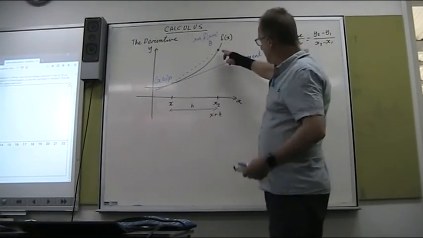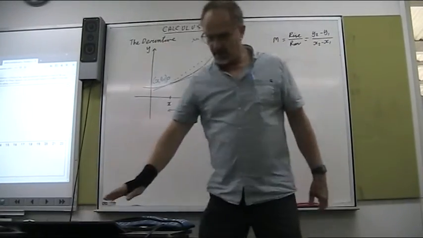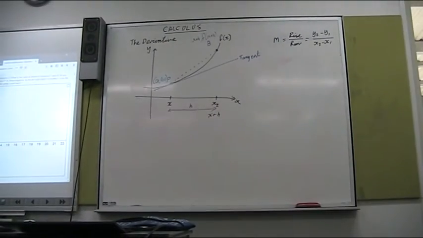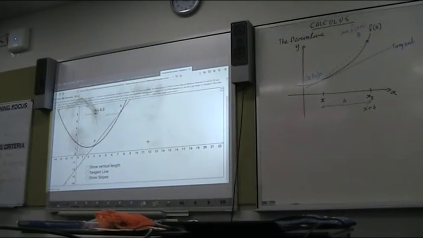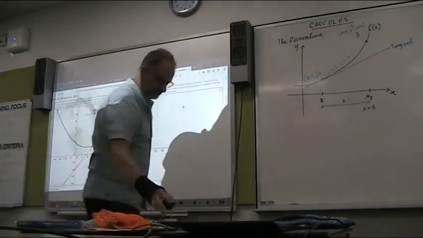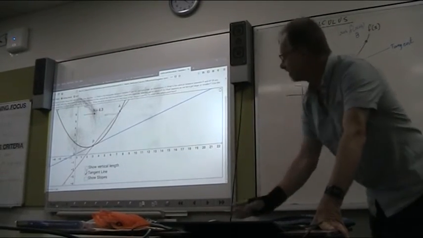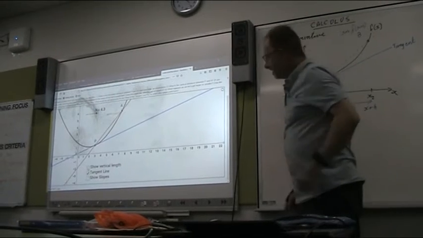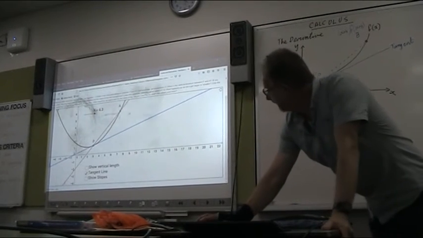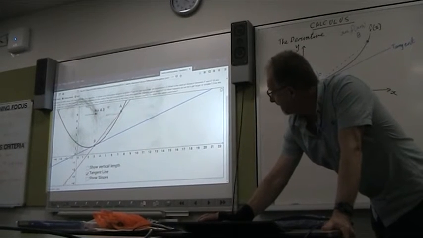Now, quite clearly, that gradient's not the same as the tangent. However, looking at this graphic on the board, here's our tangent line. Here it's called A, I used B on my diagram, not to worry.